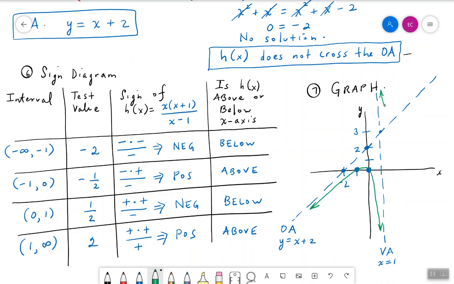And then where does the arrow go? Well, it doesn't cross the oblique asymptote. We know that. So it must just turn and approach the oblique asymptote as we go out to the right end of the graph. And our graph is complete, and we're done with the problem.